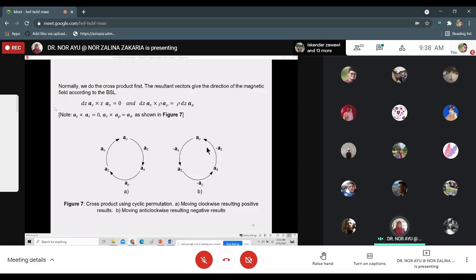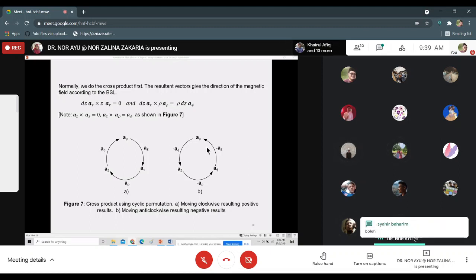Okay, kita tengok kat sini. So we have dz az cross dengan z az kamu akan dapat 0. Tapi bila dz az cross dengan rho arrow kamu akan dapat rho dz a phi. Az cross dengan arrow, tengok, kamu akan dapat a phi. Boleh semua? Boleh madam.